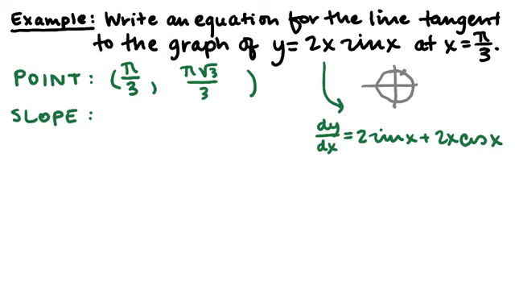And now to get the slope, I'm going to plug x equals pi over 3 into my formula for dy dx. So this is 2 times the sine of pi over 3. And then 2x is going to be 2 pi over 3 multiplied by cosine x.